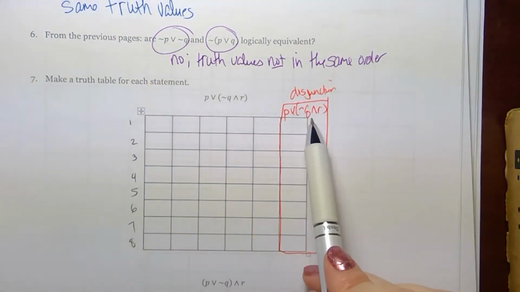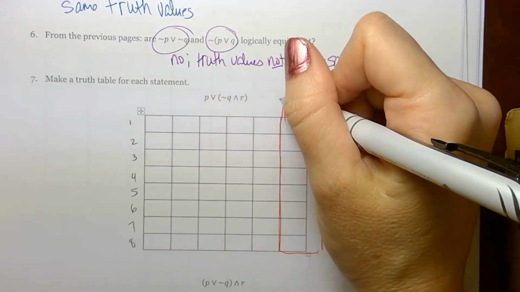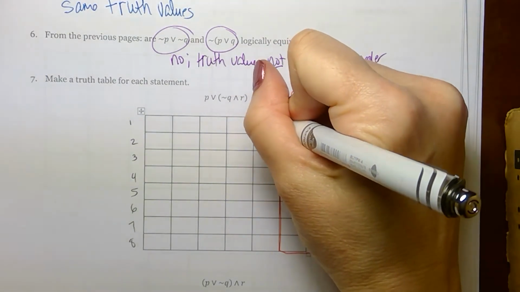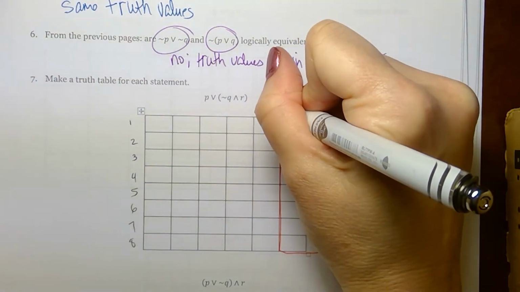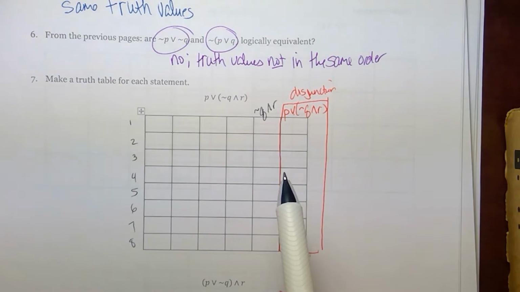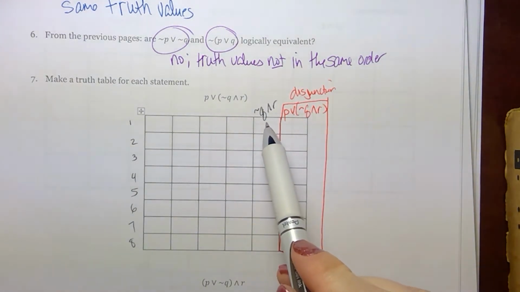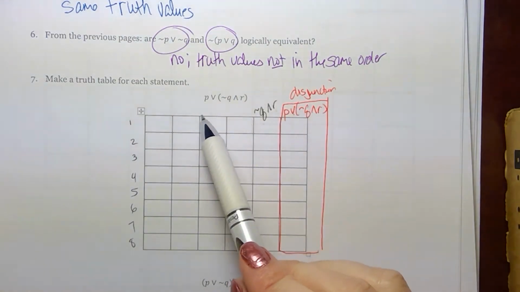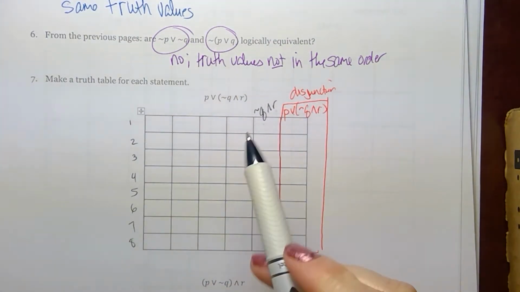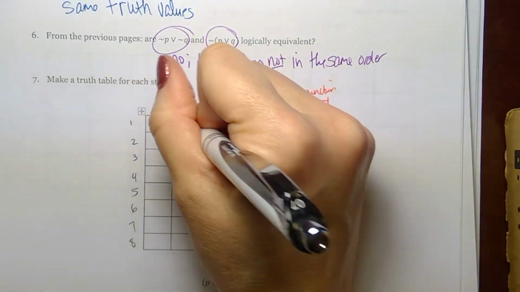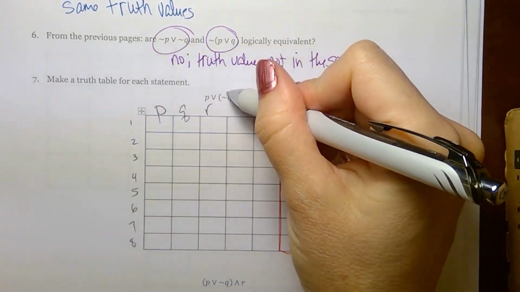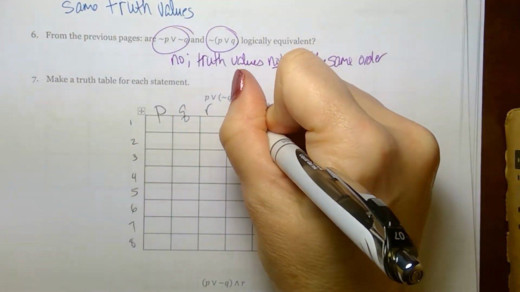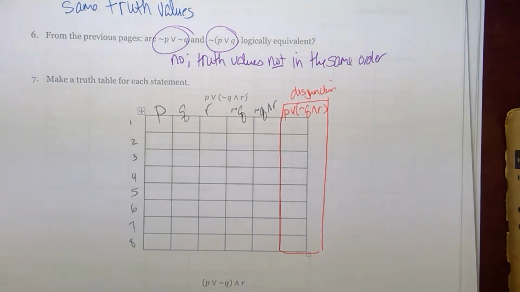So we need that set in parentheses. So this next column over is going to be not Q and R. Well, to get not Q and R, we're going to have to know not Q. Obviously, we're going to have to know R. I've got 4 columns left, so I could do P, Q, R in order, and then I also need to know not Q, because it's not on this page, right?